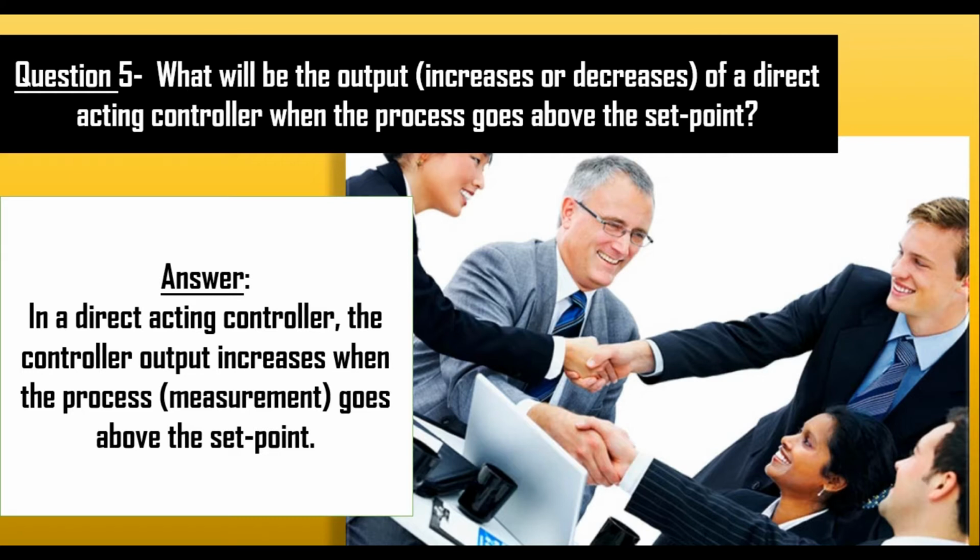The example of a direct acting controller is a temperature reducing control valve. Suppose we have to maintain the set point at say 300 degrees Celsius, then if the process variable goes above 300 degrees Celsius, the controller output will increase and the cold water spray will cool down the temperature.